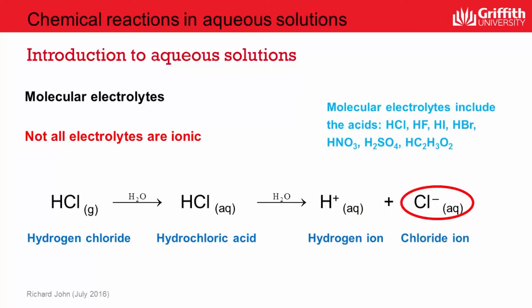And so the molecular compound hydrogen chloride dissolved in water actually produces ions in solution, and those ions can carry an electrical current. So this is an example of a molecular electrolyte, and the acids are the most important class of those molecular electrolytes.